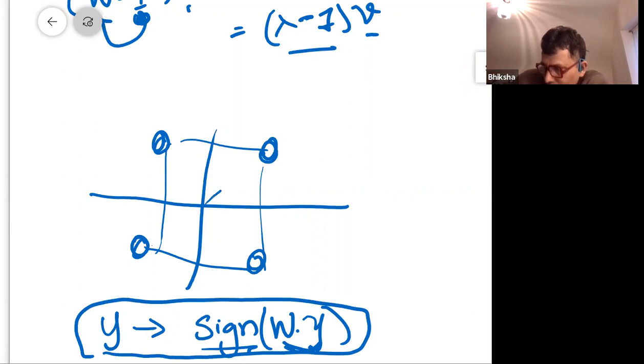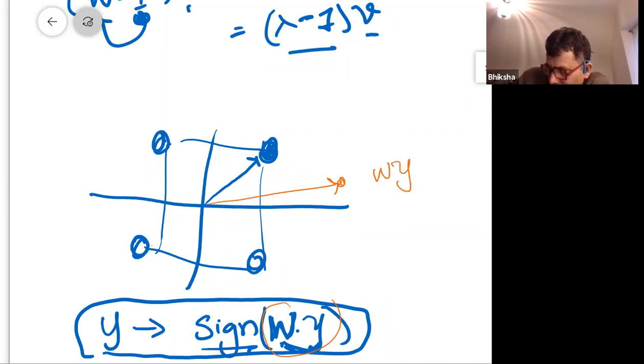Now, if I'm trying to store this pattern, what will W times y do? Anytime you take a vector and you multiply it by W, that is going to maybe rotate the vector and increase the length, right? This W times y is going to take the vector and put it over here. And then when you take a sign, this guy is going to snap back to the closest corner.